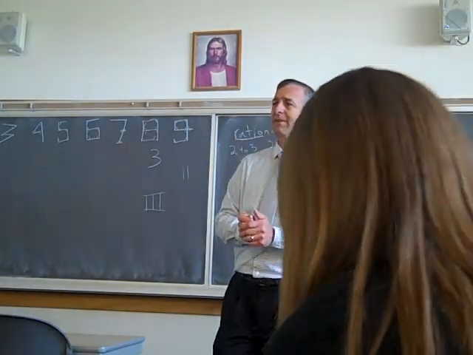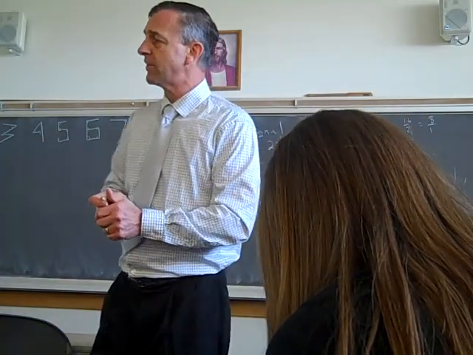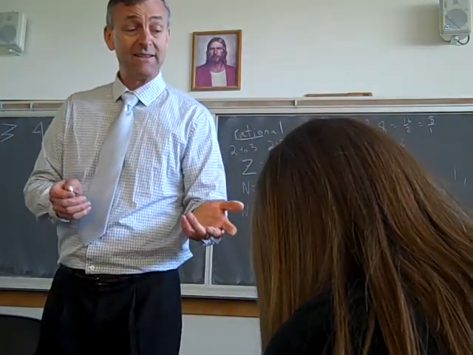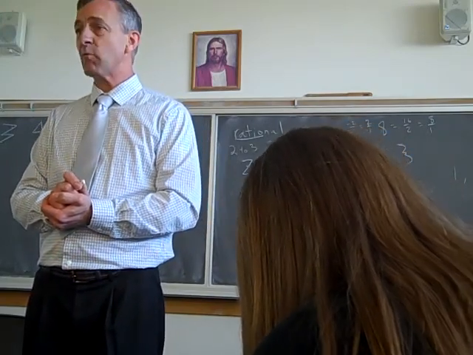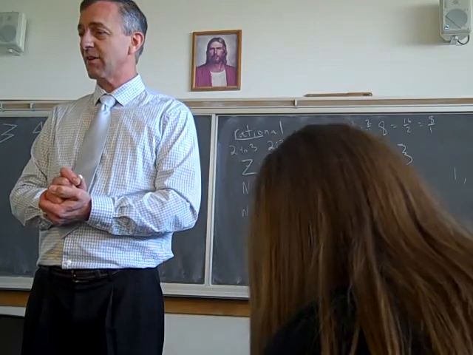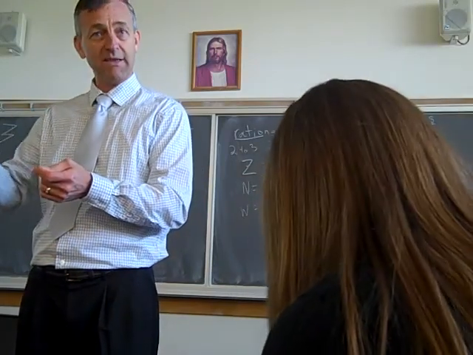Some of you are saying, what does this have to do with anything? Well, I think it has an awful lot to do with the questions we asked. Count your many blessings, name them one by one, you know, this. What are you doing? You're making a one-to-one correspondence as you're counting the blessings, right?